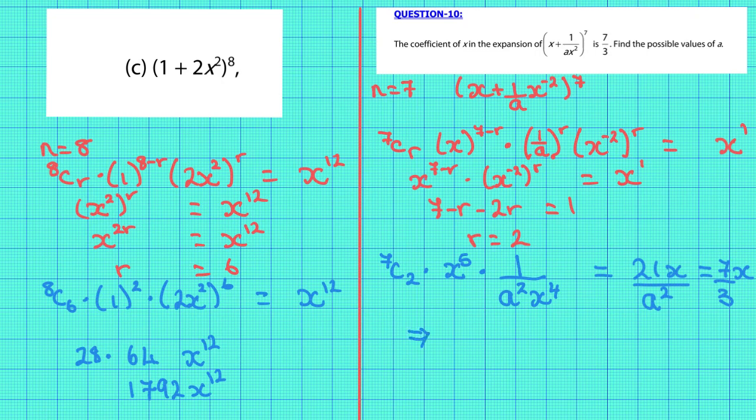Therefore, 7a squared is equal to 63. 9 is equal to a squared, so a is plus or minus 3.